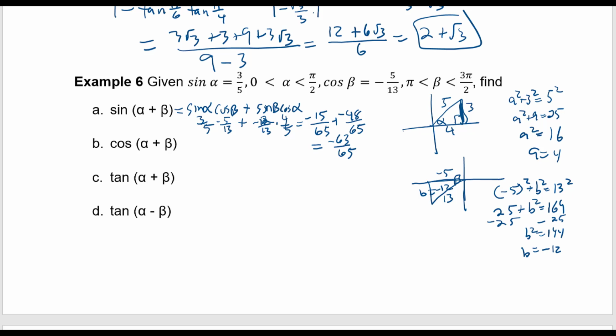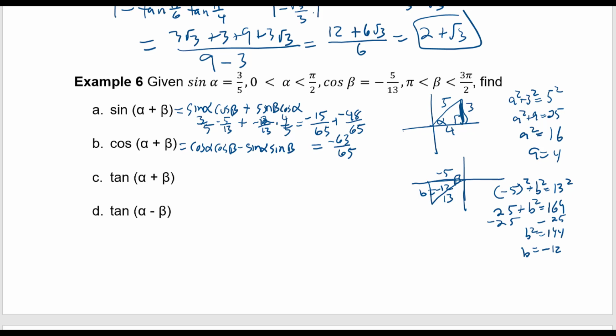So we have cosine alpha, cosine beta. Then this is a plus, so we have a minus sine alpha, sine beta.